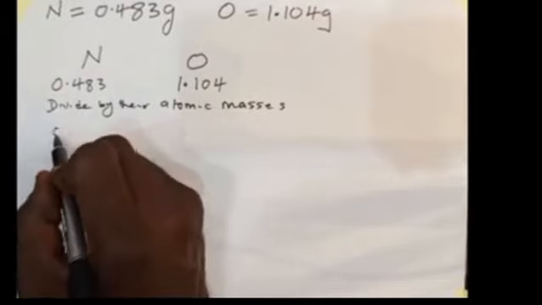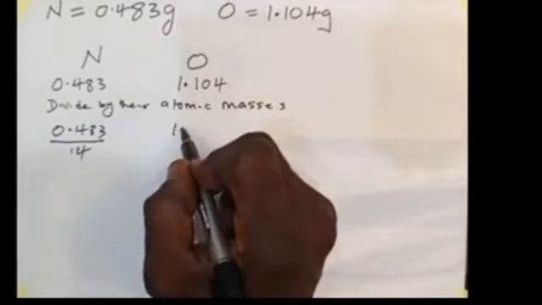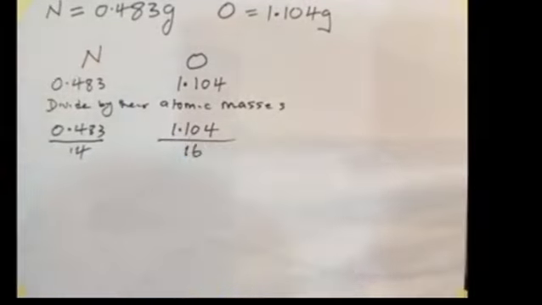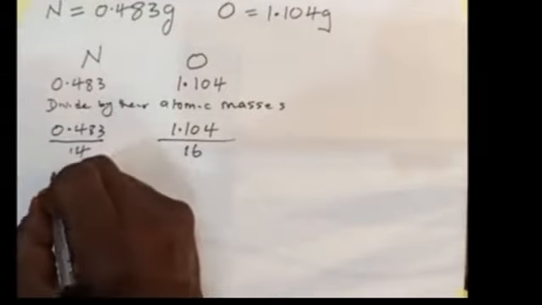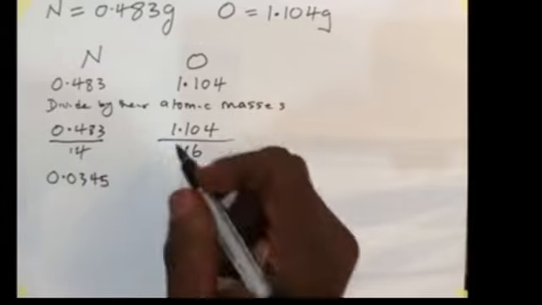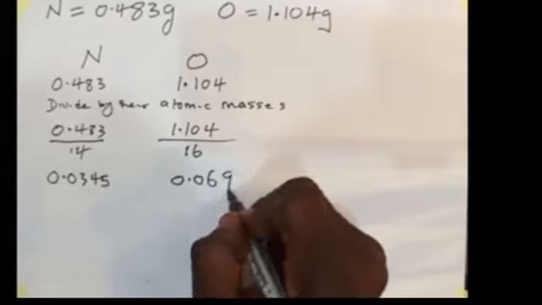I'm going to have that 0.483, I'm dividing by 14. I'm dividing 1.104, I'm going to divide this by 16. What am I going to have? Okay, so we are going to have 0.0345 here. We're going to have 0.069 here.